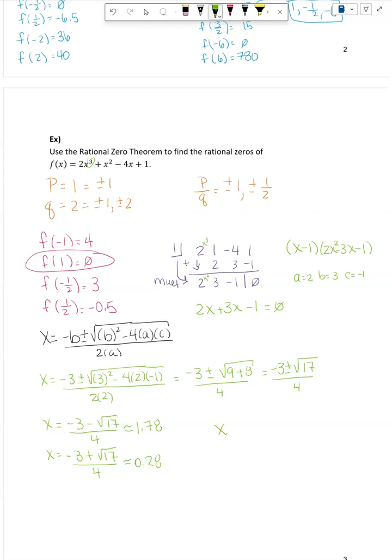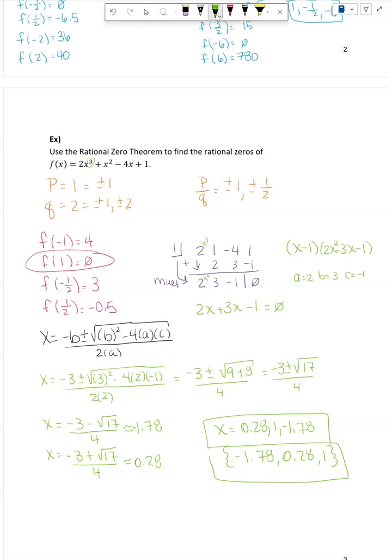You guys cut me some slack there please. It was -1.78, sorry. So if we did a set, it would be -1.78, 0.28, and 1. This one's kind of written backwards, sorry. I missed that negative sign.